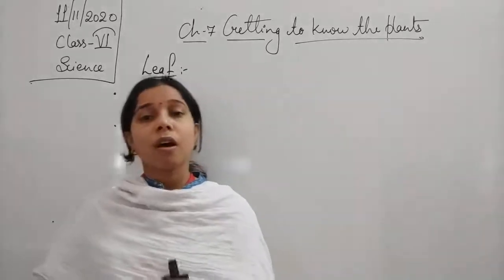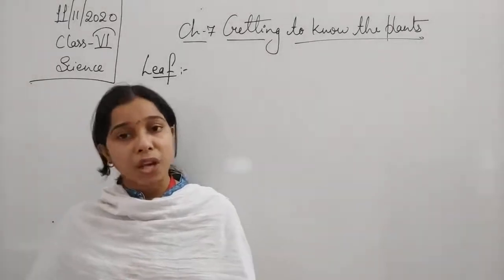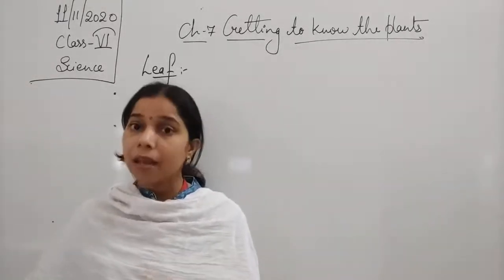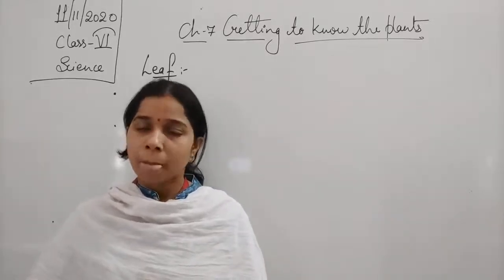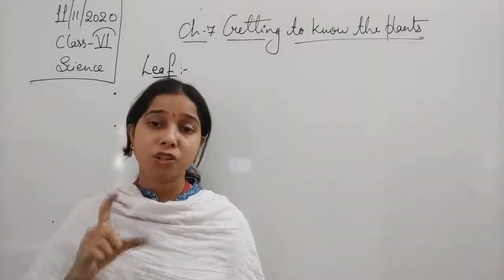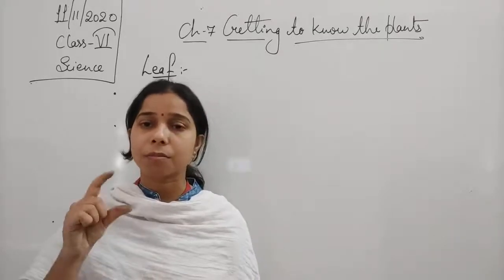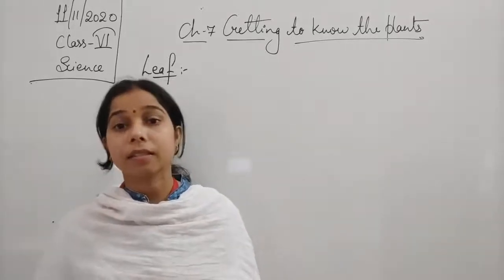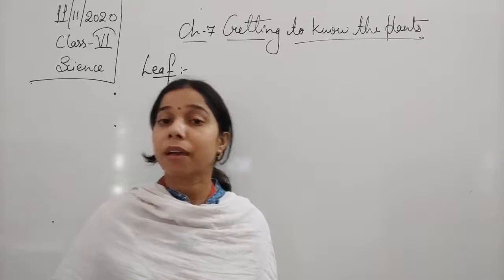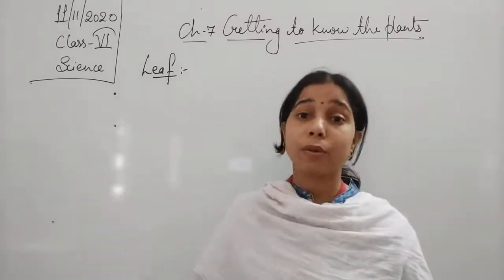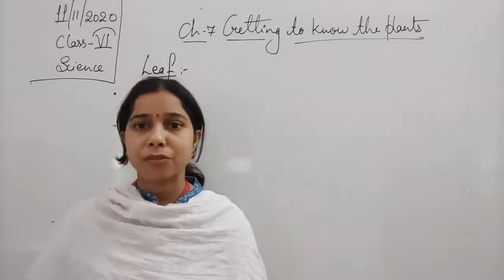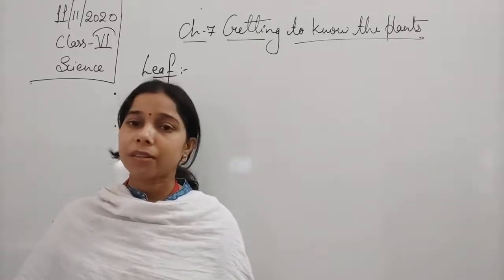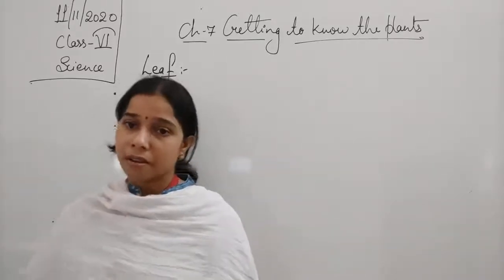So we can say that shape varies, size varies, as well as the margin. In some plants the leaf is smaller, and in some it is larger. Somewhere it is pointed, like in the case of a peepal, and somewhere it is blunt, like in the case of a banana. So you see that shape and size vary.